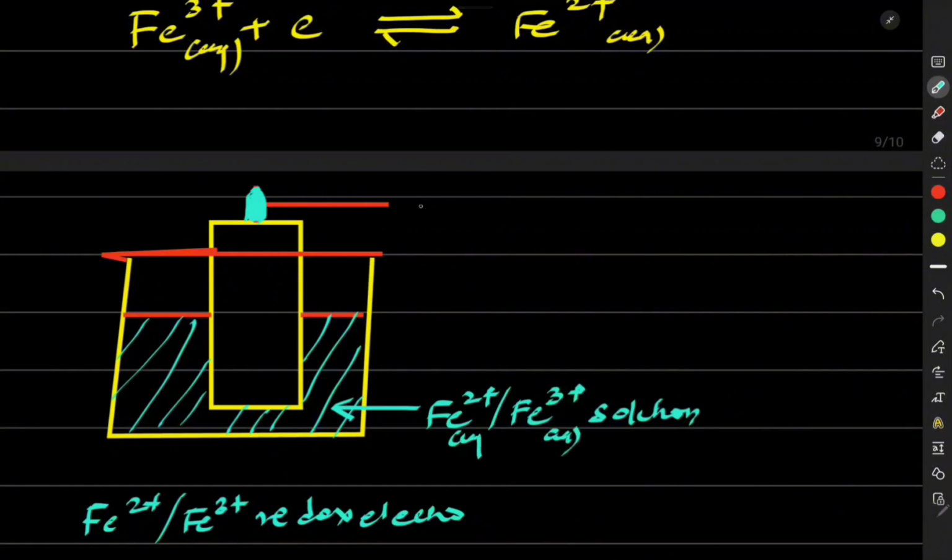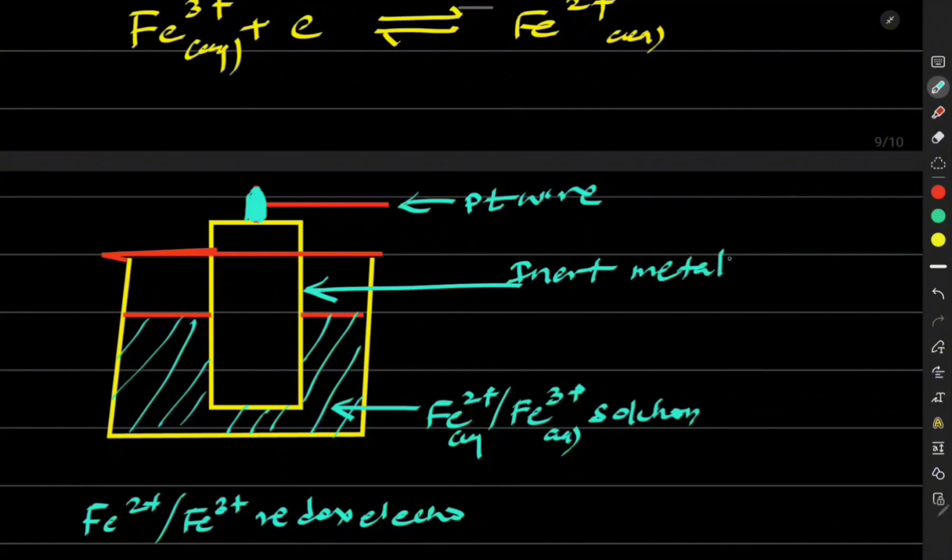Here, this one is a Pt wire, and this one is an inert metallic electrode, which is platinum or platinum and palladium.